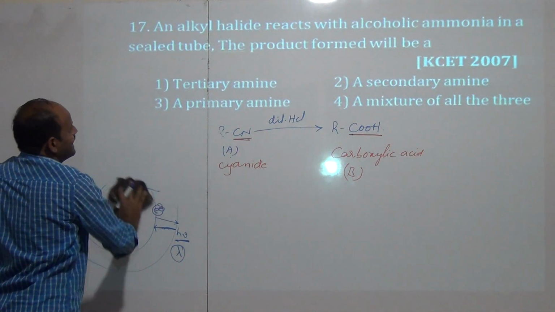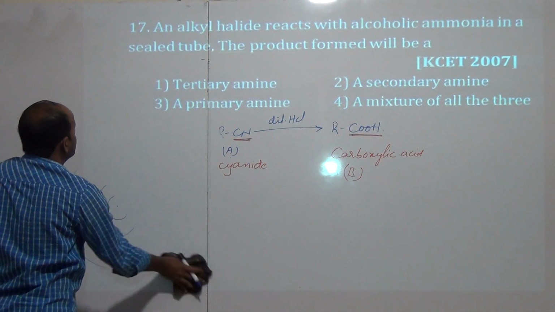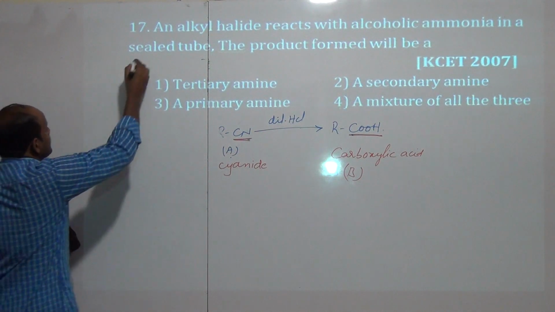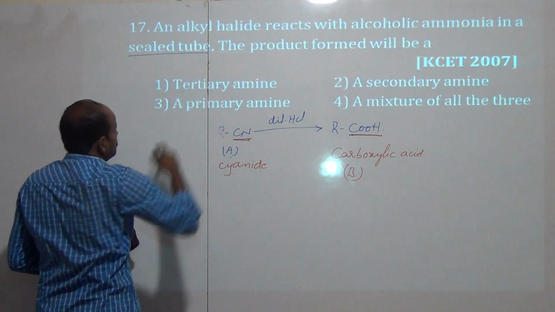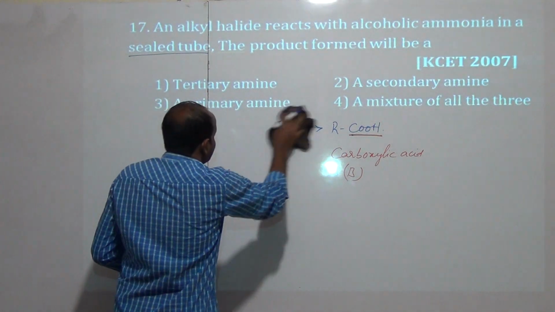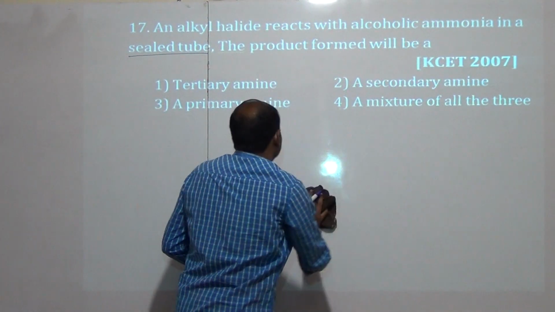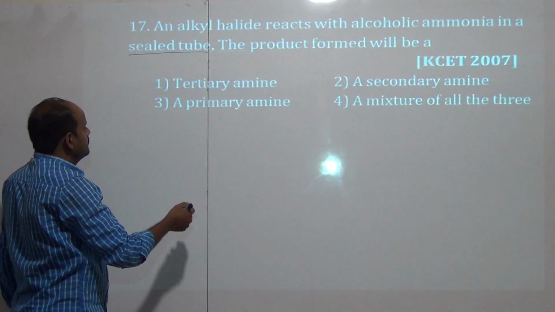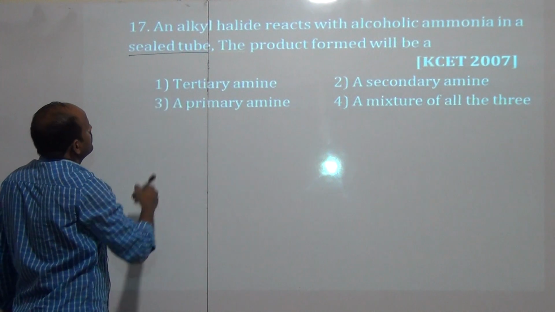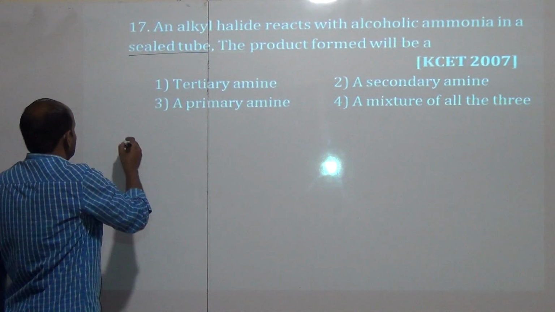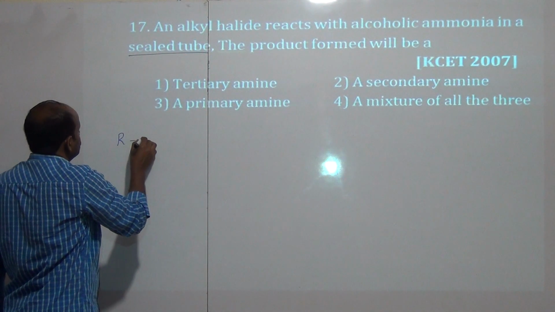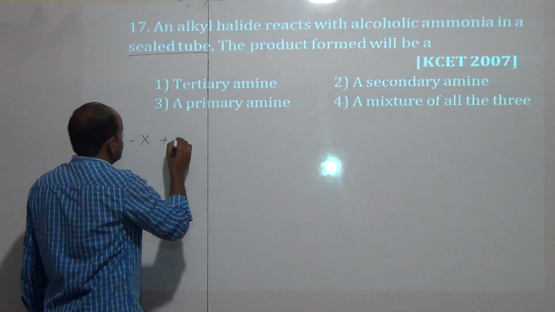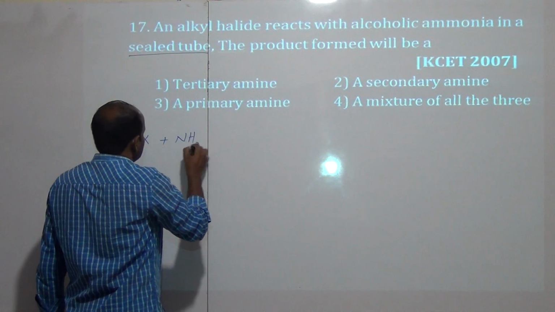An alkyl halide reacts with alcoholic ammonia in a sealed tube. They given sealed tube. There is no chance to escape. Reactants are products also. The product formed will be a. So here take an alkyl halide, which reacts with alcoholic ammonia, NH3.